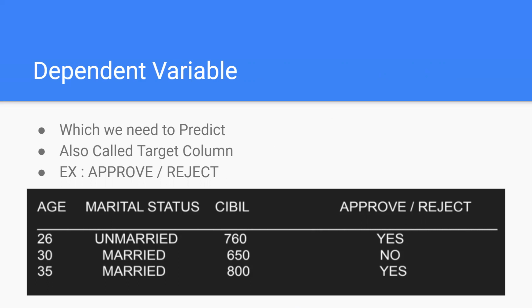The problem statement was to build a machine learning model that will predict whether a loan application has to be accepted or rejected. So for that, we have a column called approve or reject in our data set. That column we call the dependent feature or dependent column.